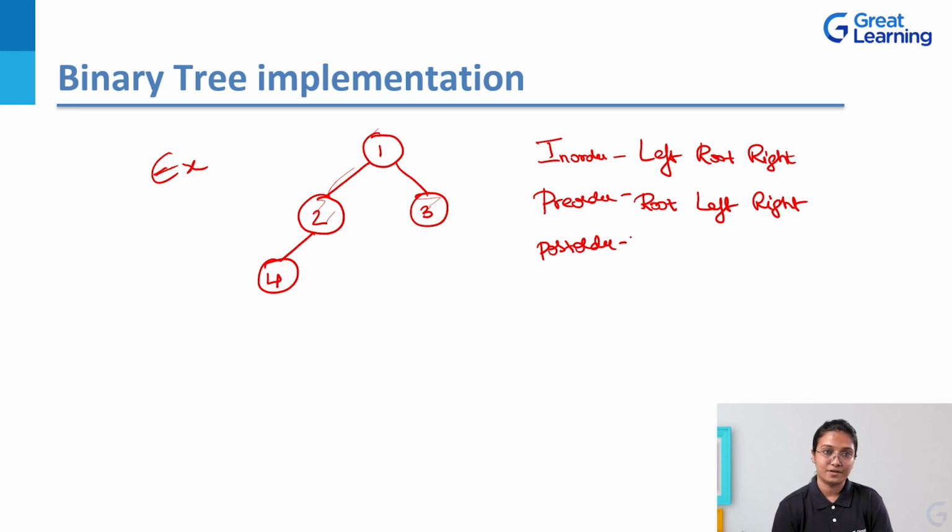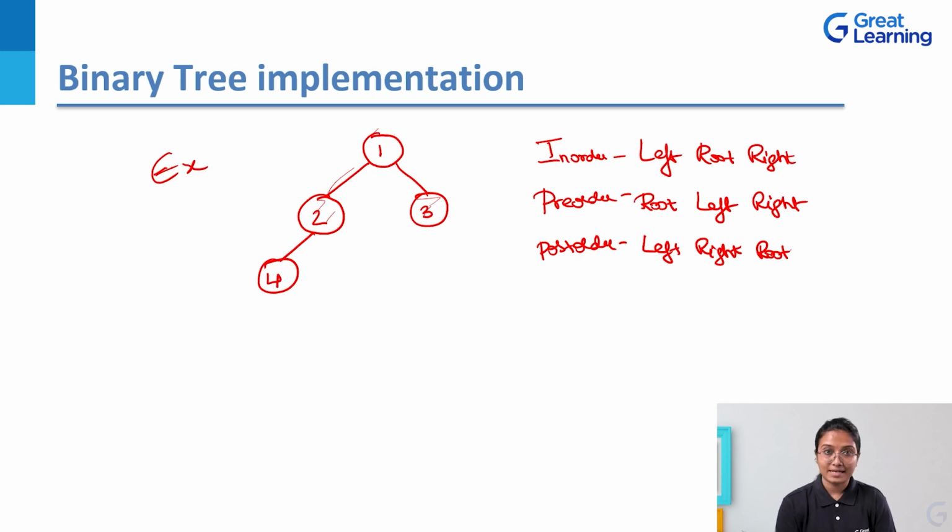Again, you have a shuffled way of these 3 combinations only. The first thing is it will go to the left, that means the left side of the binary tree which you have taken, and then it will go to the right. After that, it will go to root. So this is the basic thing you have to know on these 3 operations which you generally do in a binary tree: in order, pre-order, and post order.